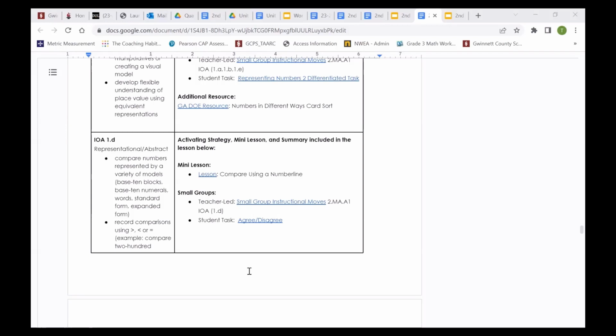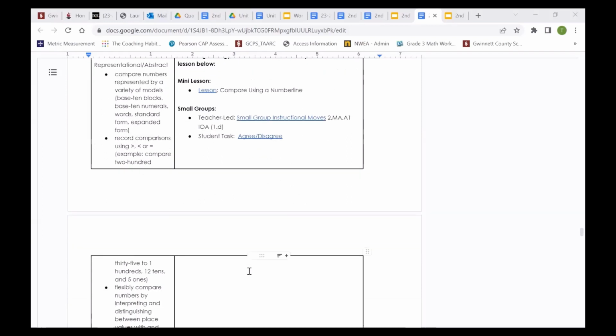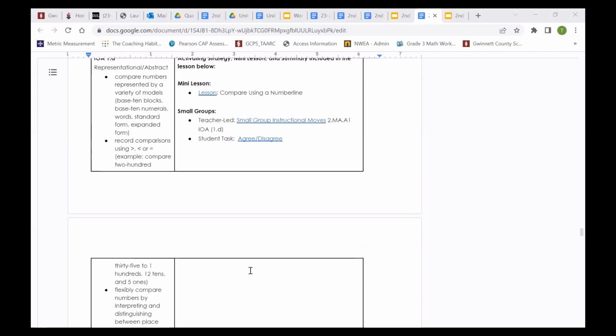Because of their previous experience with this standard, the first of the 4 days paced begins with comparing 3-digit numbers on a representational abstract level. Students will transition from using number lines to comparing 3-digit numbers using appropriate symbols to reason in order to compare 3-digit numbers flexibly with appropriate symbols on an abstract level.